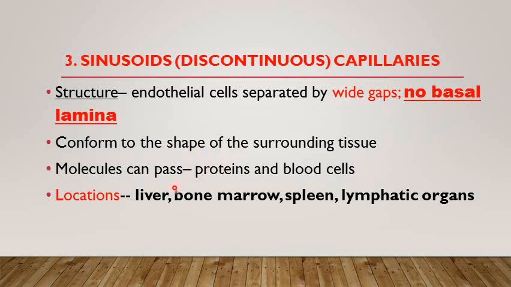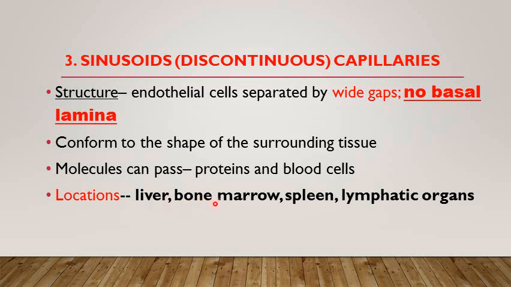The molecules which can pass through them are the proteins and also the blood cells, which are the formed elements. These can also pass through the wide gaps present in the sinusoidal capillaries. Mostly these are present in the liver, definitely, where all the metabolic components, the nutrients from the GIT, have to enter into the metabolic machinery.